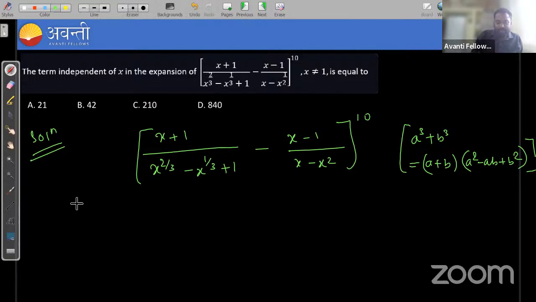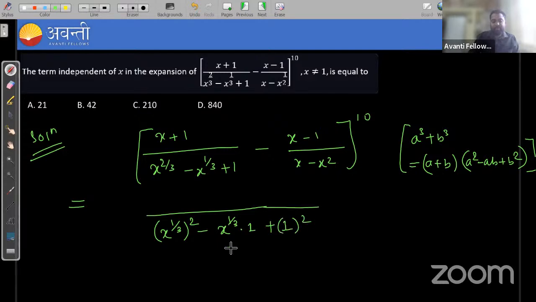See here, in the given expression, in the denominator of the first term, we can write this as x to the power 1 by 3 whole to the power 2, minus x to the power 1 by 3 into 1, plus 1 square. Yes or no? We can write or not? Yes.